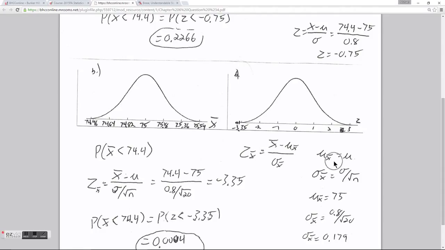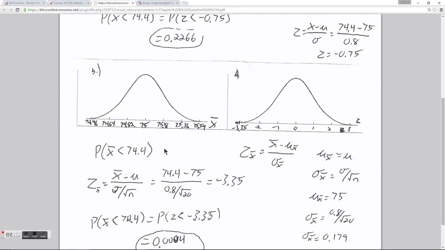The mean of each distribution is actually the same. So the mean of the cars was 75 tons, and the mean of the groups of 20 is also 75 tons. However, the standard deviations are different. They're different but related. The standard deviation of this sampling distribution is equal to the standard deviation of the original population divided by the square root of the sample size that was used to create it.